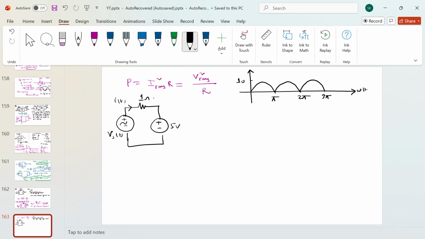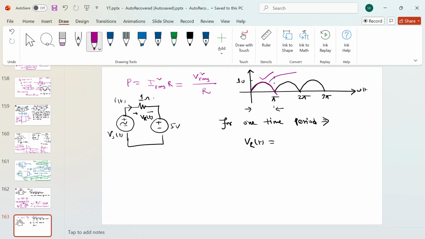If I observe the first cycle, or one period, the voltage across the resistance, let me call it Vr(t), for one time period. If you see this particular waveform, it is a part of a sinusoid.